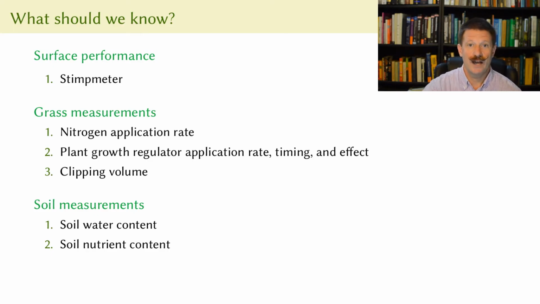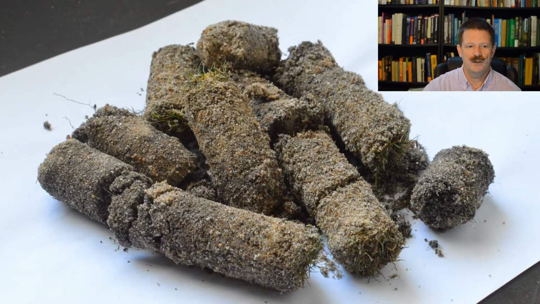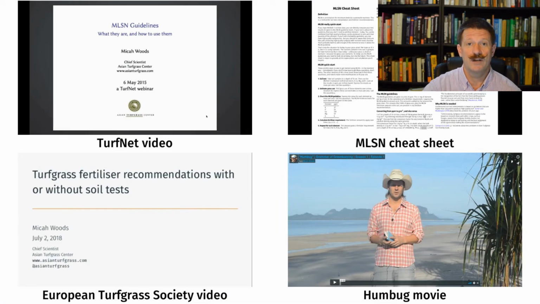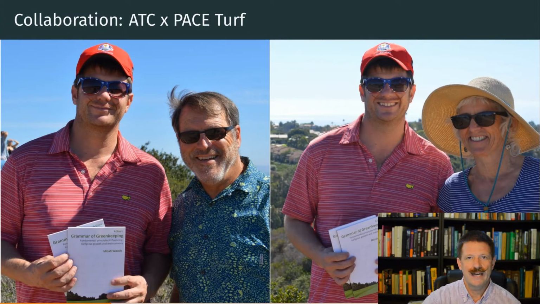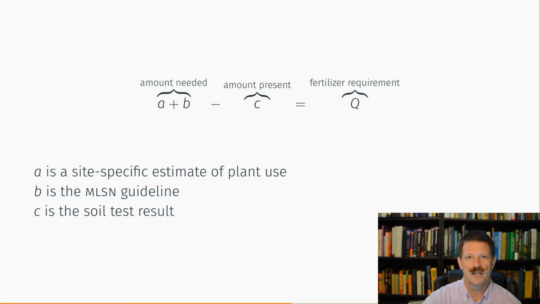Additionally, I recommend testing the soils annually for soil nutrient content, and you can interpret those. You can take these soil samples, have them tested at the lab, and then interpret them using the MLSN guidelines. And this is a way that you practically guarantee that you won't have any nutrient deficiencies, and it minimizes the over application of fertilizer.